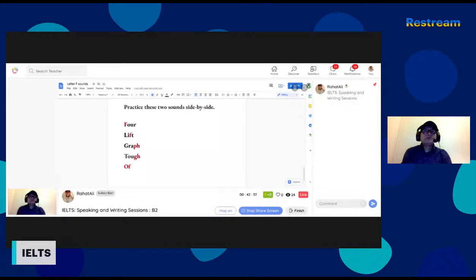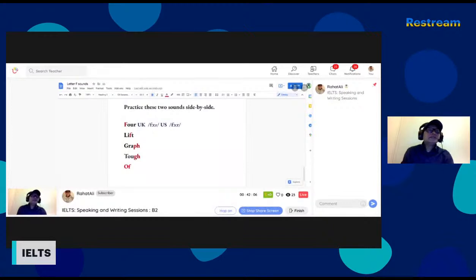Now, as you might be aware, there is always a difference between the British IPA and the American IPA. Because British English is non-rhotic, we do not pronounce R, whereas Americans pronounce R. We have to be careful. Like this word, full in British IPA, but in American IPA it is fur.